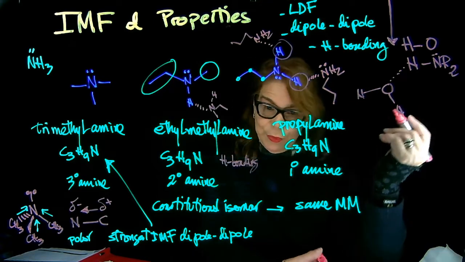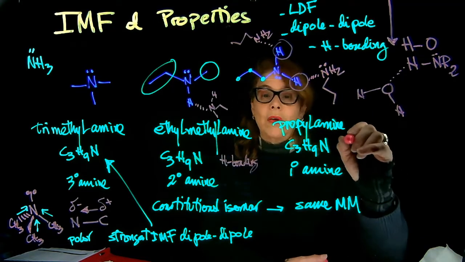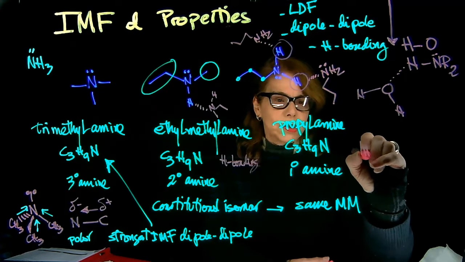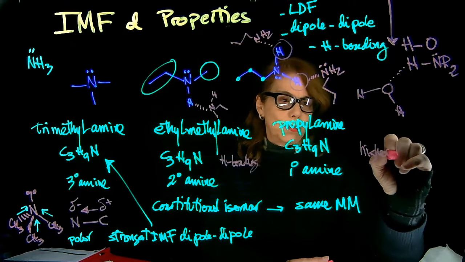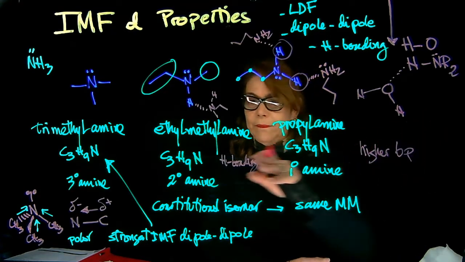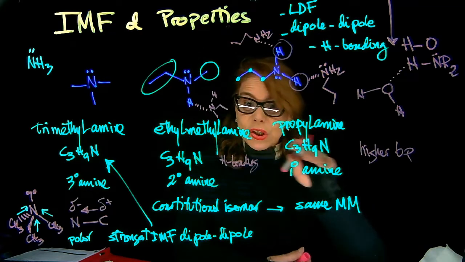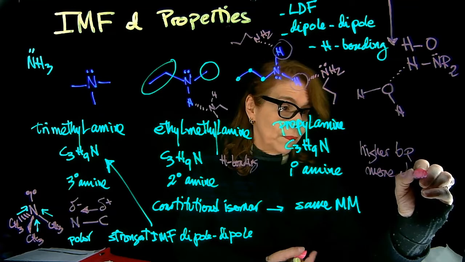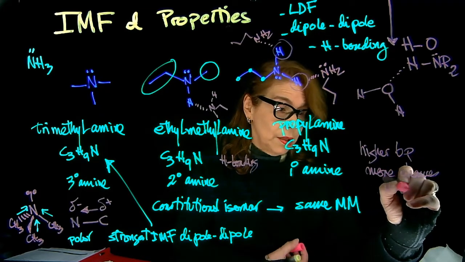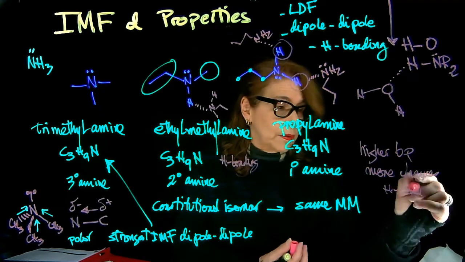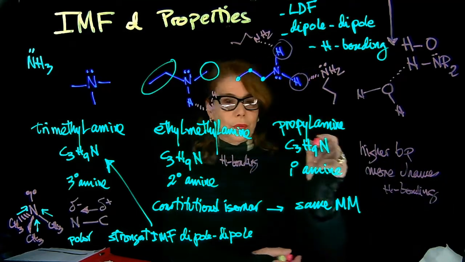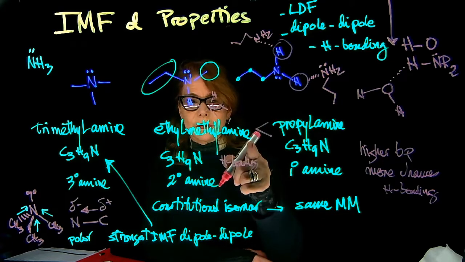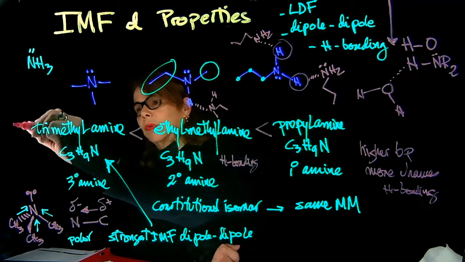My prediction is that propylamine should have the highest boiling point in this series, because of more chances of hydrogen bonding than, for example, ethyl methylamine. So I predict this boiling point is higher than ethyl methylamine, and that is higher than trimethylamine.